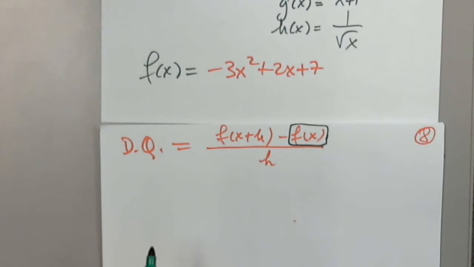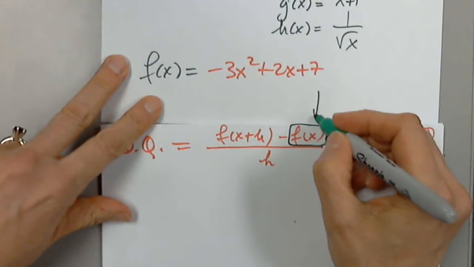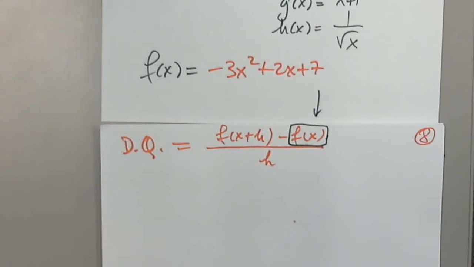Yeah, so you would put that as the negative 3x squared. Yes, I will distribute negative 1. But before that, I completely agree, I have to work on something else. What am I talking about? F of x plus h.